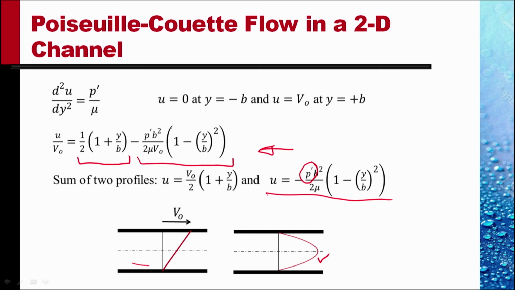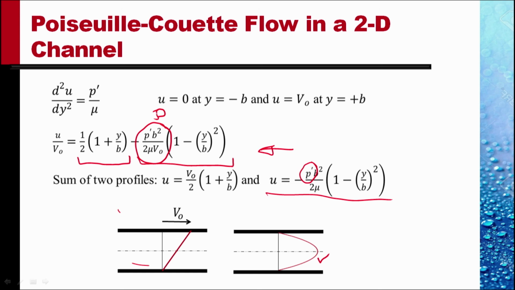This parameter here, which we denote as script P, determines the relative importance of the linear profile and the parabolic profile. The profile with a linear flow is called the Couette profile, and the parabolic profile is known as the Poiseuille profile because of the pressure gradient.